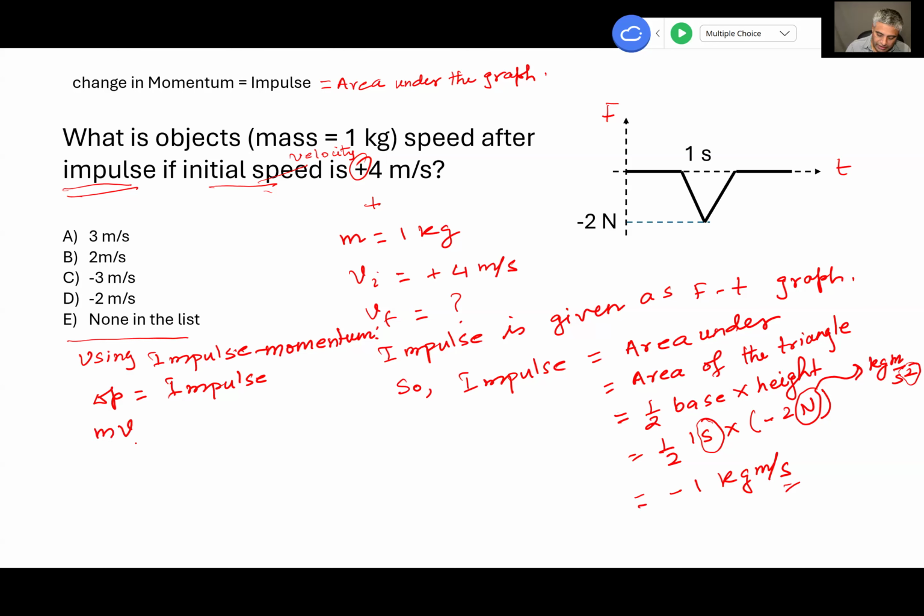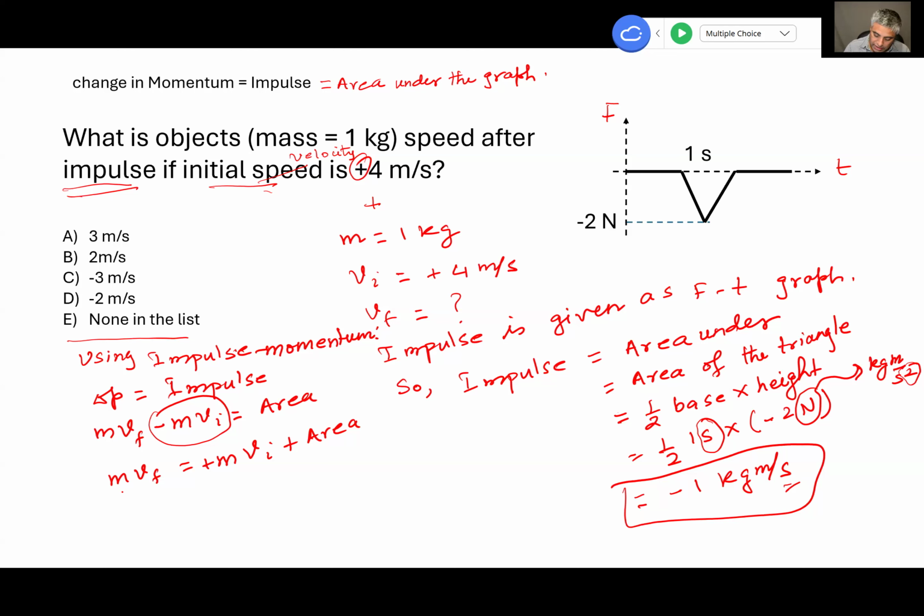That means m vf minus m vi is the area. So m vf is m vi, see, this is negative, when it goes to the other side becomes positive, plus the area or impulse that we calculated, right?